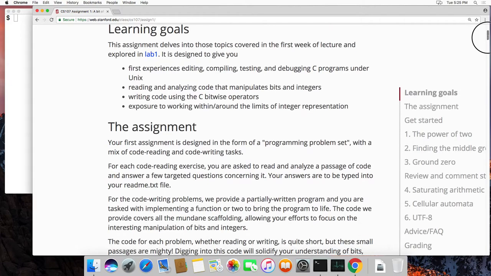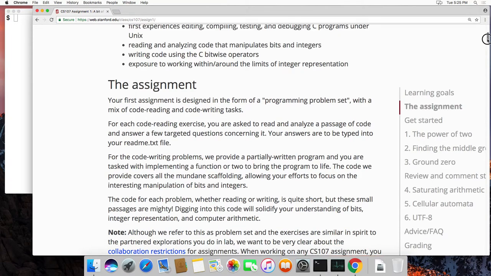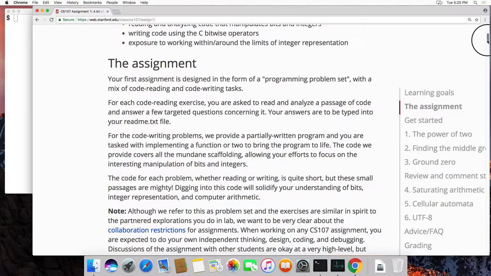Okay, the assignment itself has basically 6 different parts to it, and each one tests a little bit different set of all of the bit operations and the number representations and so forth. And some of it is actually writing code, and a lot of the rest of it is reading code. So you're going to do a little bit of both. And this will also give you a little bit more information about the C programming language.